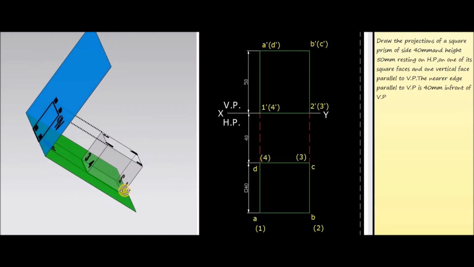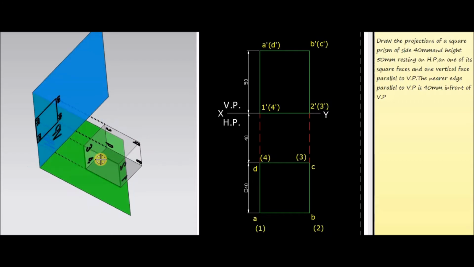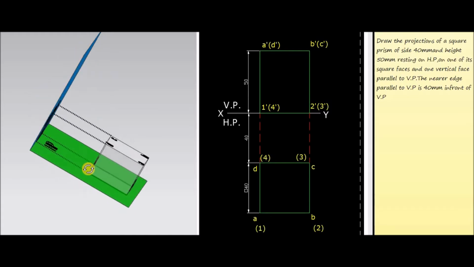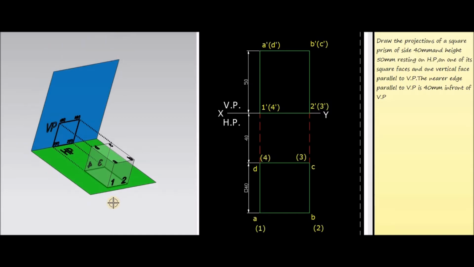Another point given in the question is the nearer edge parallel to VP is 40 mm in front of the VP. That means the face DC34 is parallel to the vertical plane, and it is at a distance of 40 mm from the vertical plane.